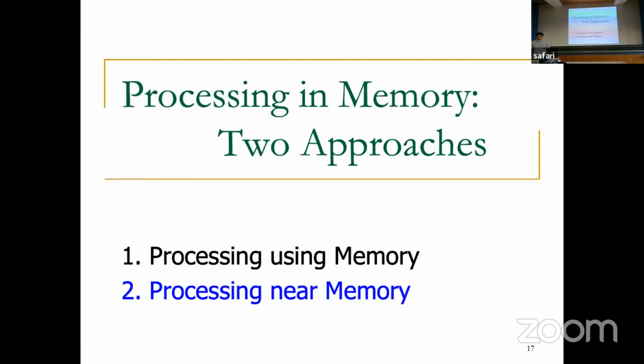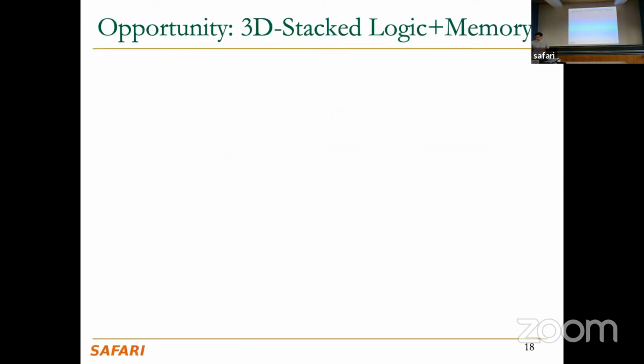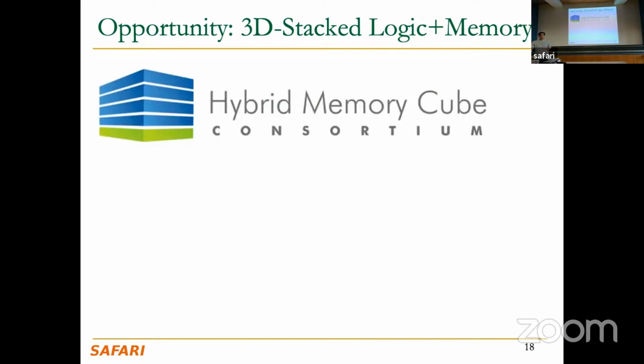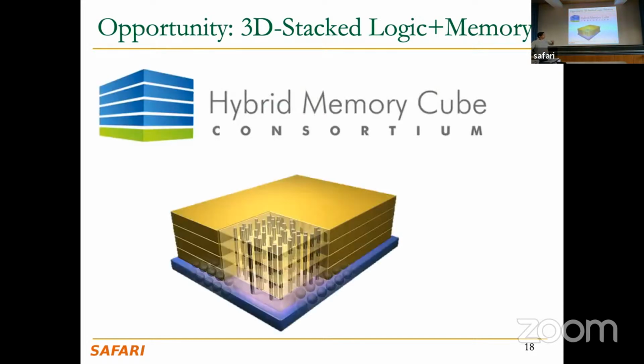The idea of processing near memory has been around for many years as well, but it became more trendy in very recent years, like the last 7-10 years, with the arrival of 3D stack memories. As you may remember, these 3D stack memories are composed of multiple layers of memory, typically DRAM, and a logic layer, right?